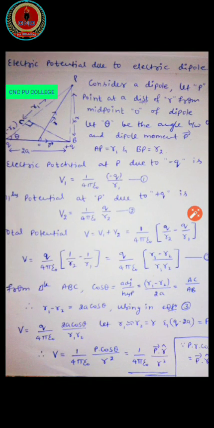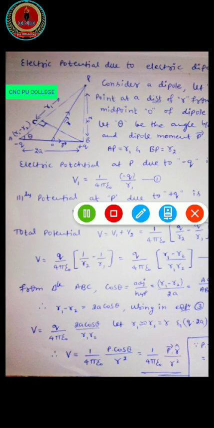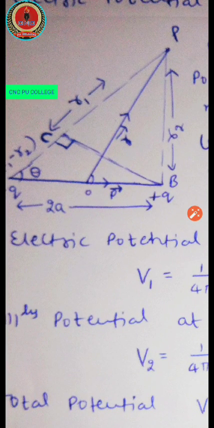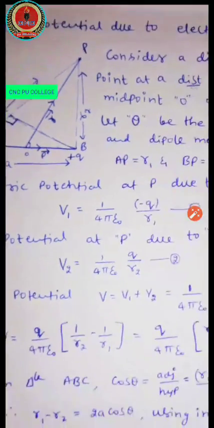Let theta be the angle between OP and the dipole moment. Yes, we can observe that in the diagram. This is OP and this is the dipole moment, and theta is the angle between OP and the dipole moment.